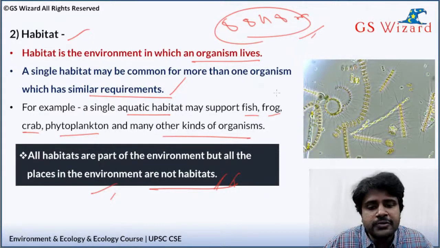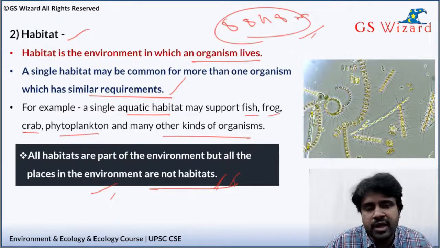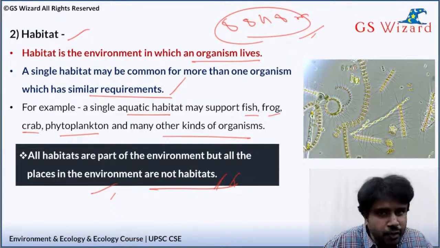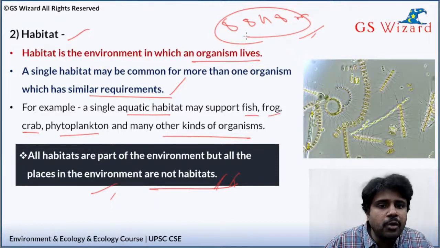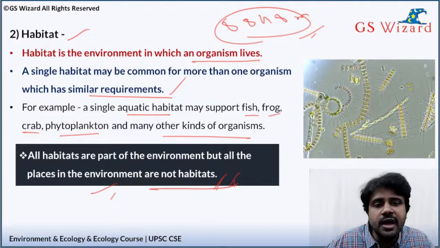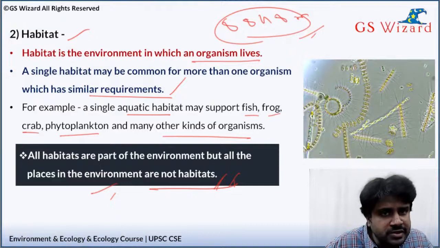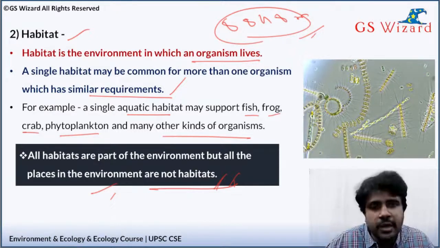And also just imagine the bottom of the Mariana Trench. You know that the Mariana Trench is the deepest point in the Earth's crust. Mount Everest is the highest point on the Earth's crust, and the Mariana Trench is the deepest point. The Mariana Trench is around 11 kilometers deep, 11 kilometers below sea level.